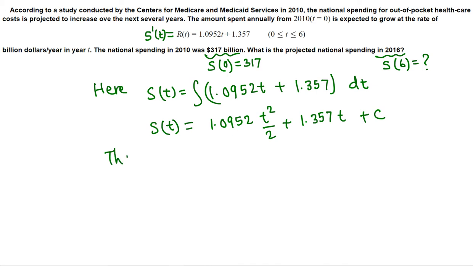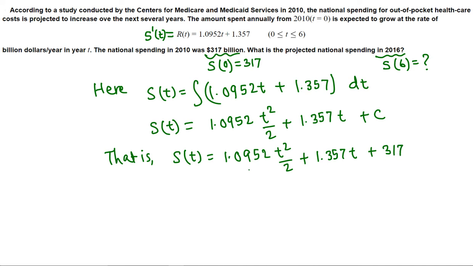So S of t equals 1.0952 t squared over 2 plus 1.357 t plus, and when we plug in t equals 0, the first two terms become 0, so this is 317. That means c equals 317. So I'm replacing c by 317, and this is the amount spent in any year t.